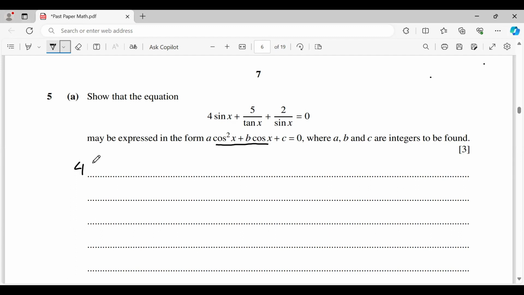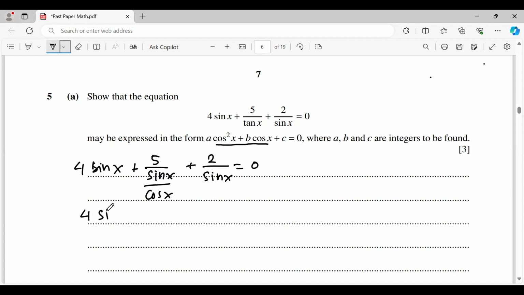So 4 sine x plus 5 over tangent x, I'm going to change, becomes sine x over cos x, plus 2 over sine x equals 0.